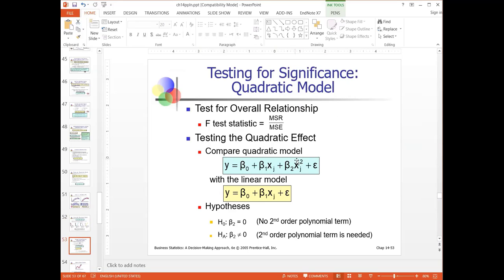If you add a square term, the overall model should be significant, and then we go towards the t-test, where we check if the x square variable is significant or not. If b2 is significant, it means it is quadratic. If b2 is insignificant, then there is no need, so it's a linear model.